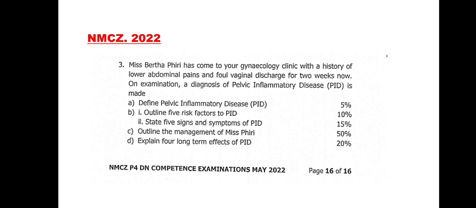So the chronic pelvic pain will come just like the way we were evaluating the signs and symptoms when we were describing pain. So pain was coming due to what? Inflammation. The inflammation will lead to some of the pelvic organs, specifically the tubes, adhering to each other.